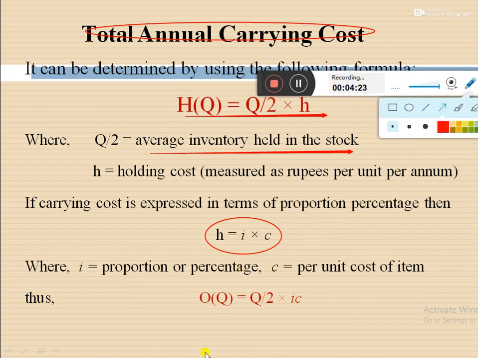So the annual carrying cost can be calculated by using this formula if the carrying cost is expressed or given in terms of percentage of the inventory value. So we have discussed all these formulas in previous videos.